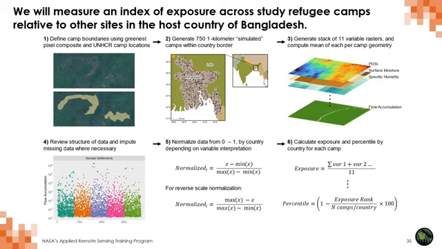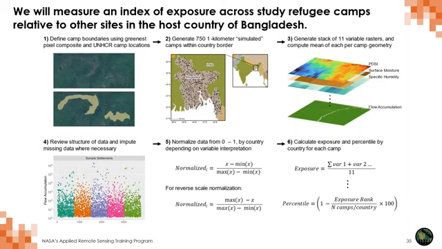And so the next step is to generate a simulated set of camps, which are going to serve as the reference data set for our analysis. And while it's useful to say the absolute exposure of camp 35 or whichever camp is X, it's more useful to understand it in the context of the situation of the country or of the region.